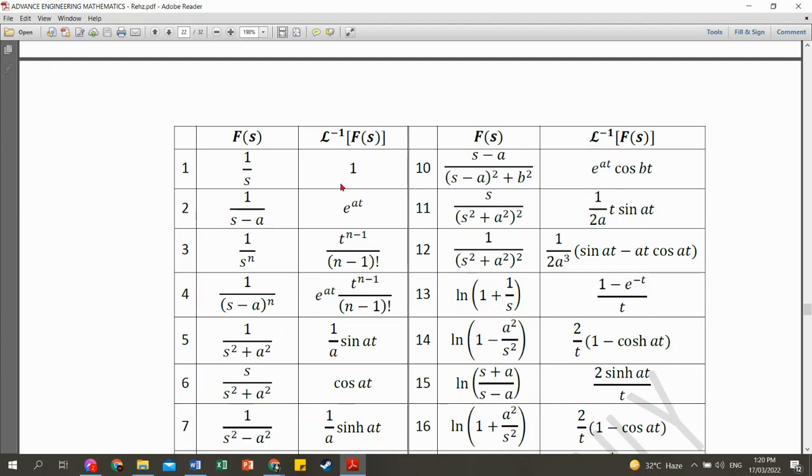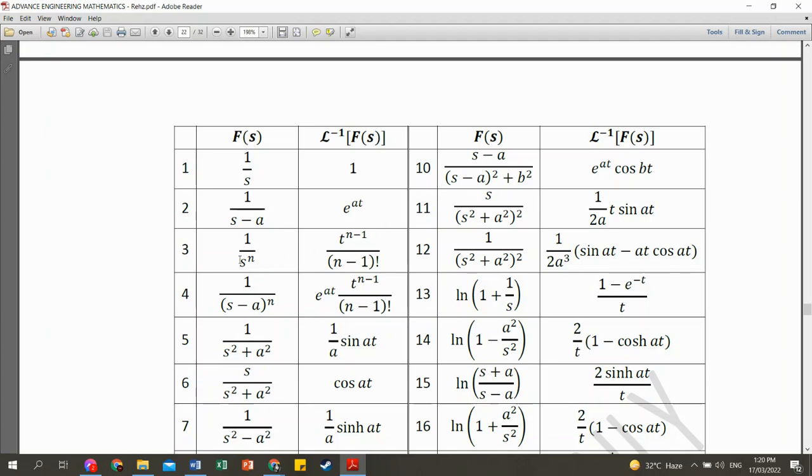So kung i-recall ninyo, just like what we have dun sa previous topics natin na Laplace transformation, ang meron tayo dun ay itong mga to. Ito yung mga meron tayo, this column here, second column, at saka fourth column. Kapag nilaplace natin tong mga to, ang result is itong mga first column and then second column.